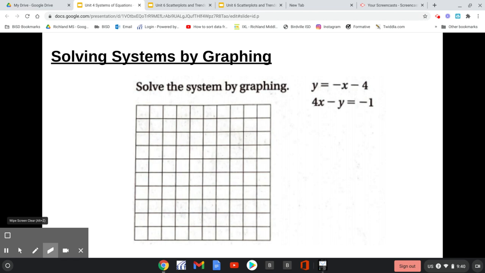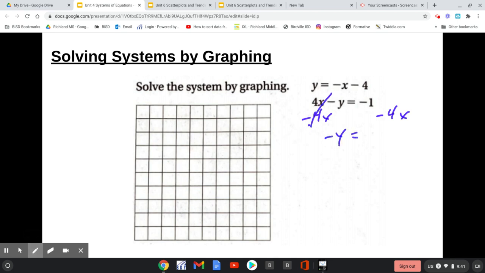It says to solve it by graphing. And we can do that, but first we have to get the second equation in y equals mx plus b. So I'm going to move the x, and that gives me negative y equals negative 1 minus 4x.